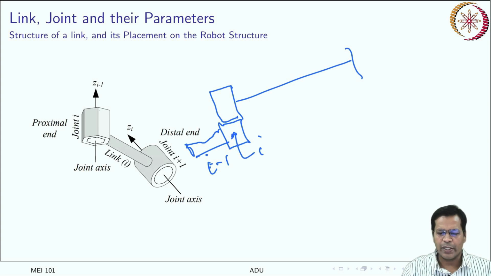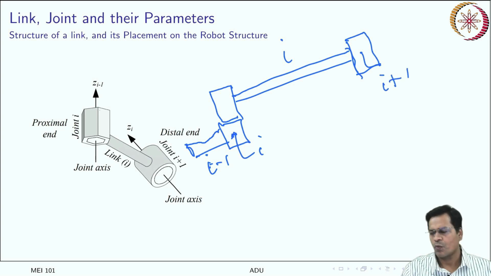This joint i connects to the ith link, and finally this ith link also terminates with a frame, which is called the i plus 1th joint. This joint will further connect maybe some other link in the series. So it may go ahead like that.